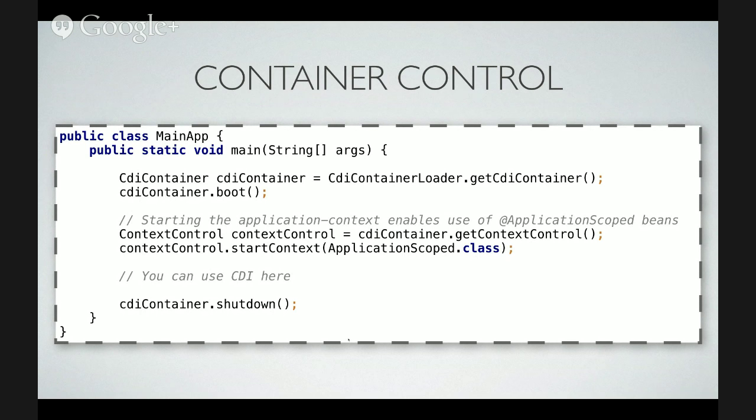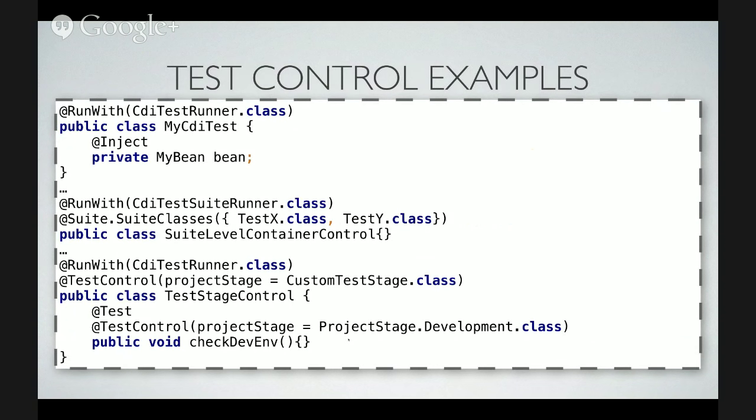Inspired by this container control, you have all the tools to help you write tests for CDI. It's a very recurring question about CDI or Java EE projects: how do I test my code? So there are a lot of solutions out there.